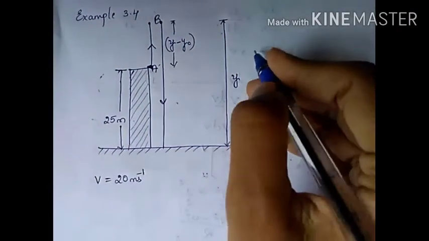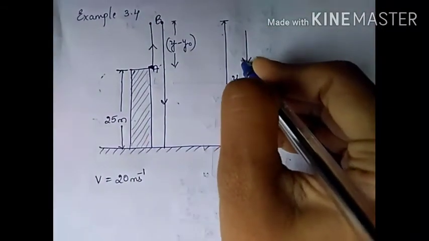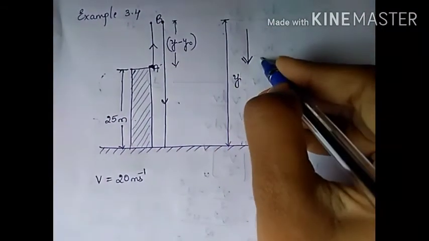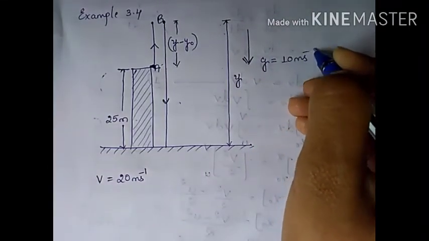The acceleration due to gravity is acting in this direction on the body. g is given as 10 meters per second square.